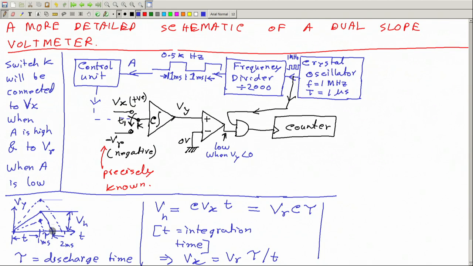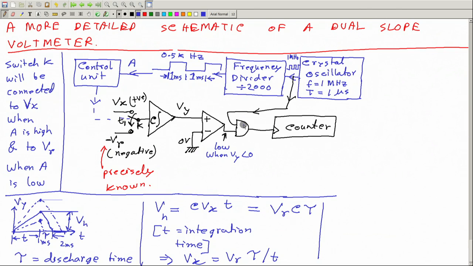That means after this point, in this region here, the counter will not continue to count. So the comparator stops counting after this deintegration is complete, after Vy has reached the value of 0.